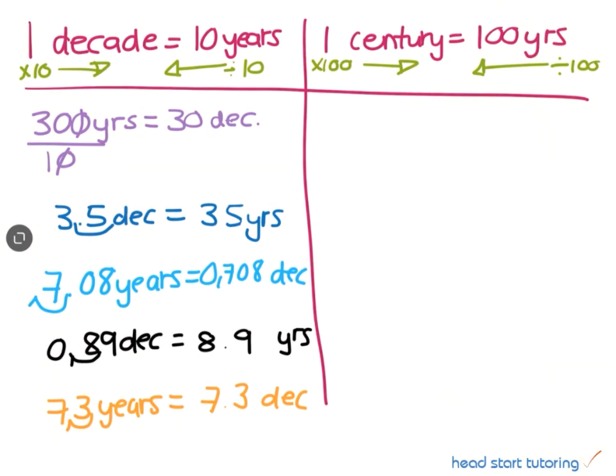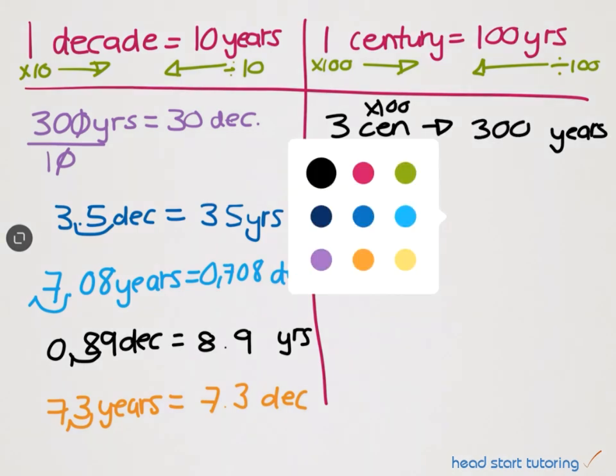Right, if I would like to convert 3 centuries into years, I just multiply by 100 to get 300 years.